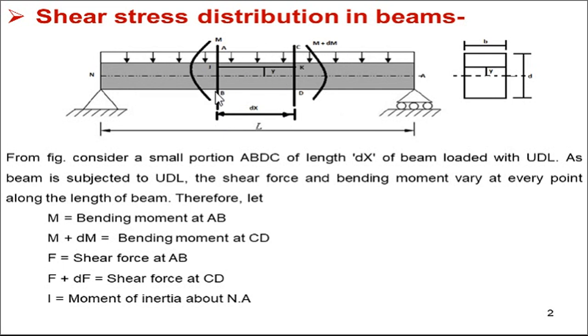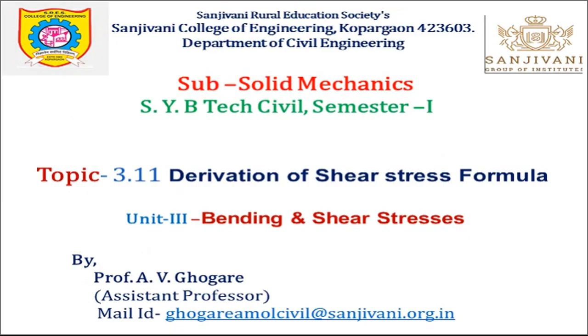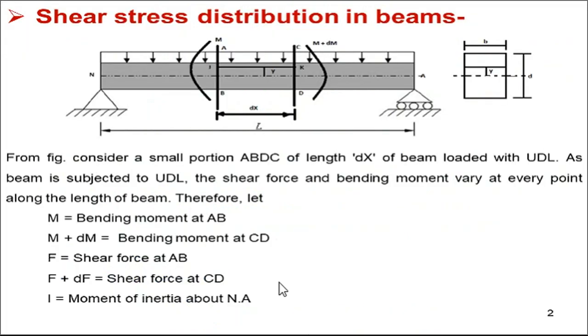Now we will derive the shear stress equation, or shear stress formula. From the figure, consider a small portion ABCD of length dx. From the whole beam we consider only a small section.